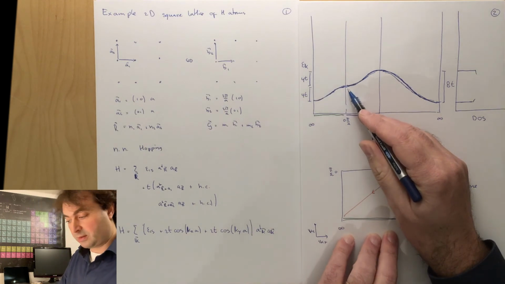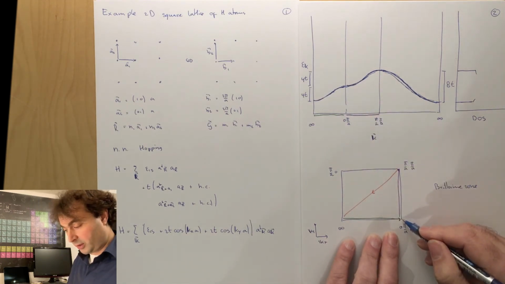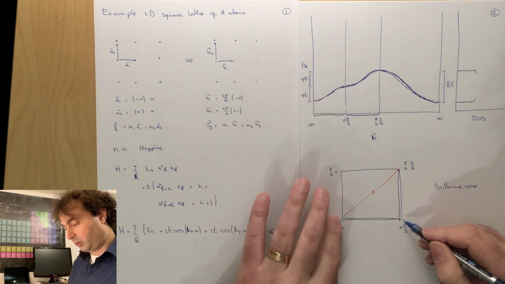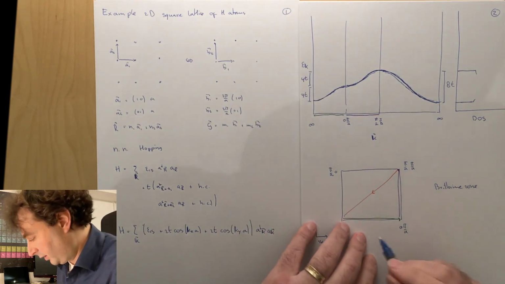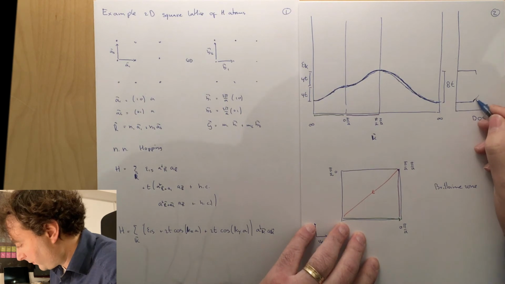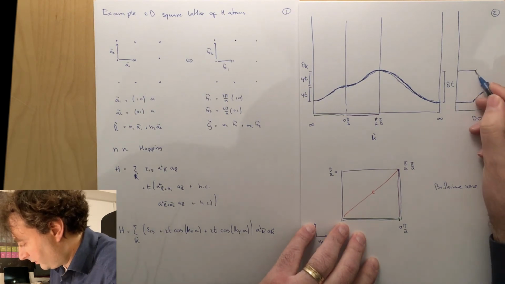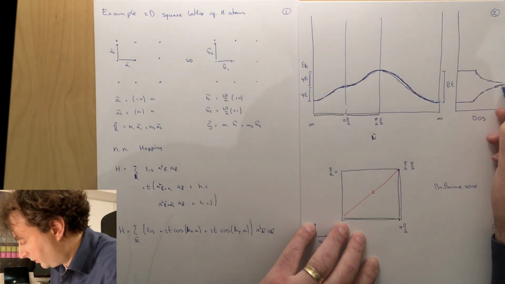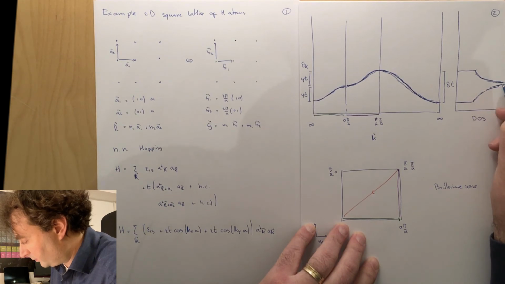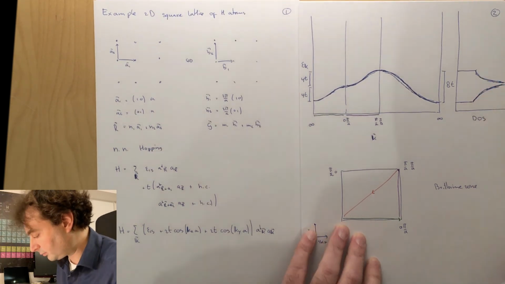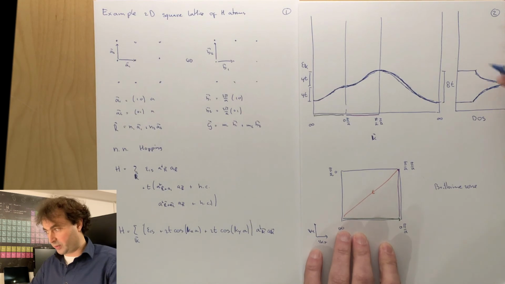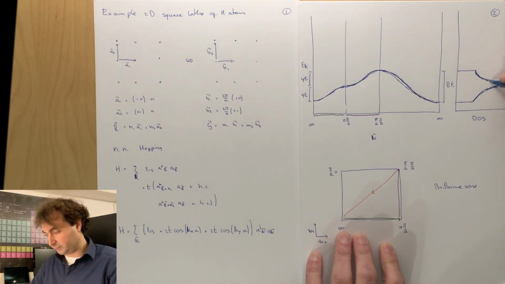At the point (0, π), your dispersion is also flat, and here you have this for a whole range of momenta in the other direction, so there the density of states still diverges, such that we have a density of states that looks like this.